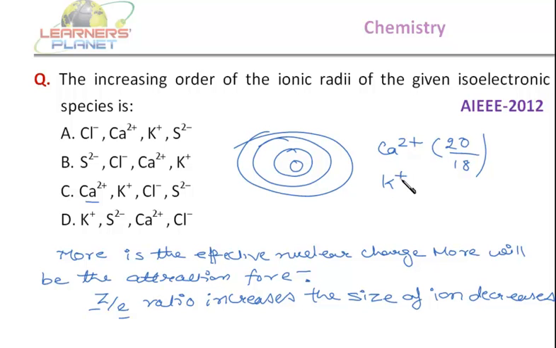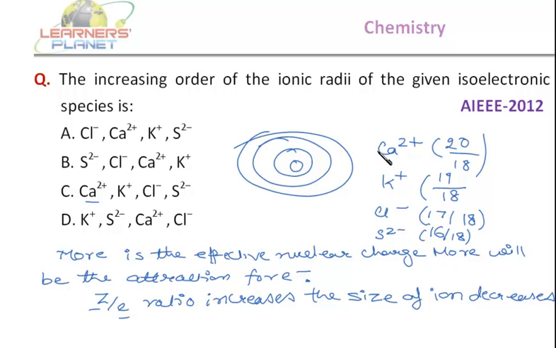Potassium ion, the number of protons here is 19 and electrons is 18 again. Then a Cl- ion. The number of protons is 17 and the number of electrons is 18. Likewise, there is S2- ion. Here the number of protons is 16 and electrons 18.